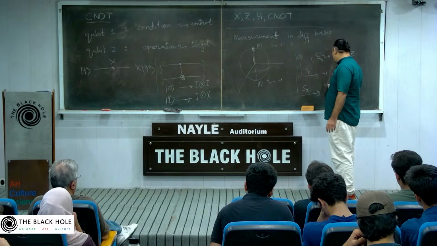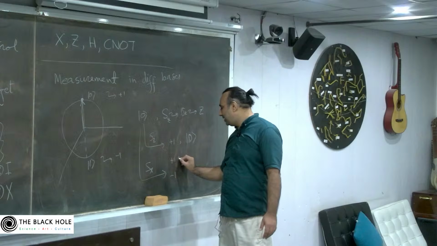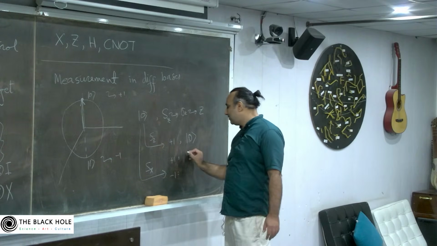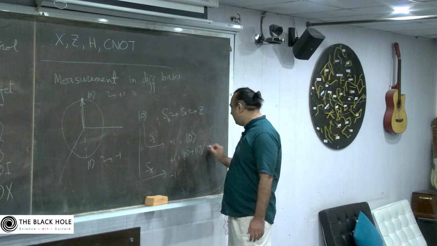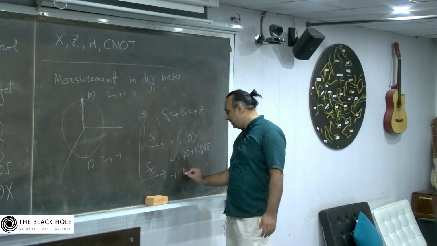We can compute the probabilities for the outcomes by projecting this onto the eigenstates of this. First we need to know the eigenstates of this in these bases, then we can easily project. The eigenstates are these two: one with eigenvalue +1, the other with eigenvalue -1, and the +1 one is 0 + 1 over square root 2 if you normalize them.